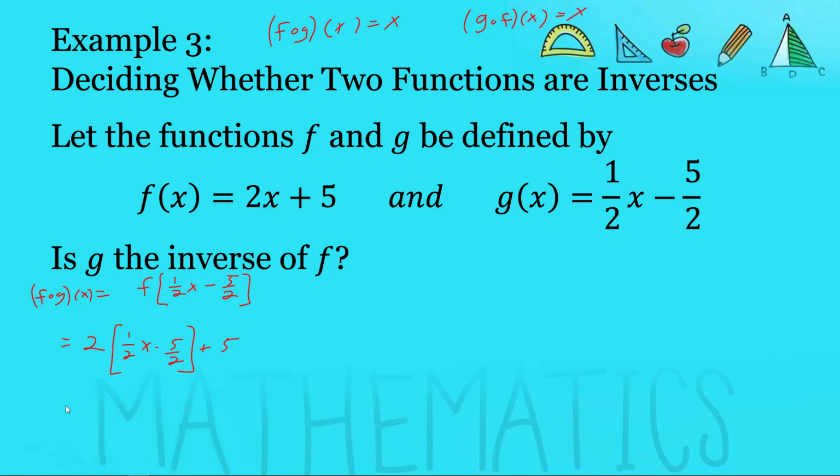Okay, do the math. The 2 and the 1/2 cancel, we just have x. The 2 and the 1/2 over here cancel, which gives me minus 5 plus 5. And of course, that will be equal to x. So this works.